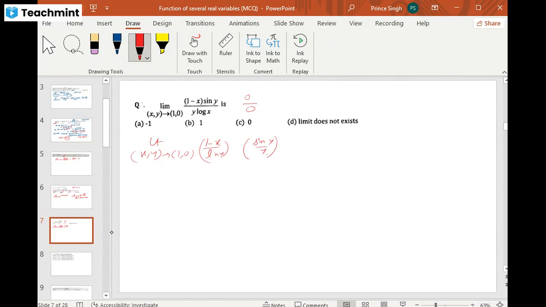Since it can be expressed as a product of two functions, we can split the limit as a product of two limits. 1 minus x upon log x depends upon x only, so we apply the limit of x, and sine y upon y depends upon y only, so we apply the limit of y. And we use the property that this limit is equal to 1.